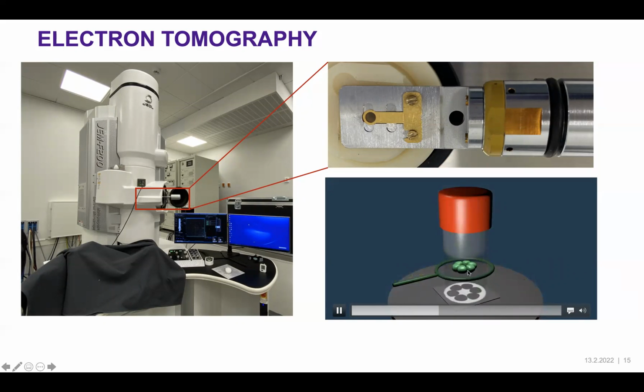Because the TEM grid will block the beam above a certain angle, we have limitations in rotating the sample. We can only rotate to a certain degree, such as plus 70 degrees to minus 70 degrees. Of course, these days it is possible to have continuous rotation, even though it doesn't help much.